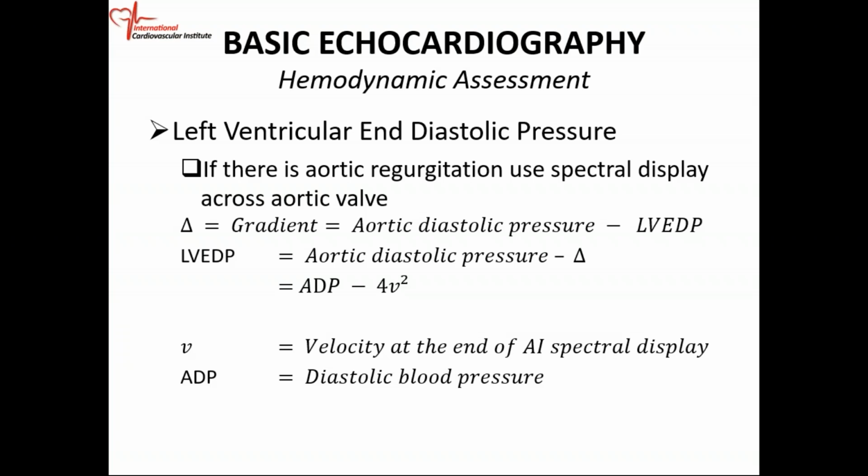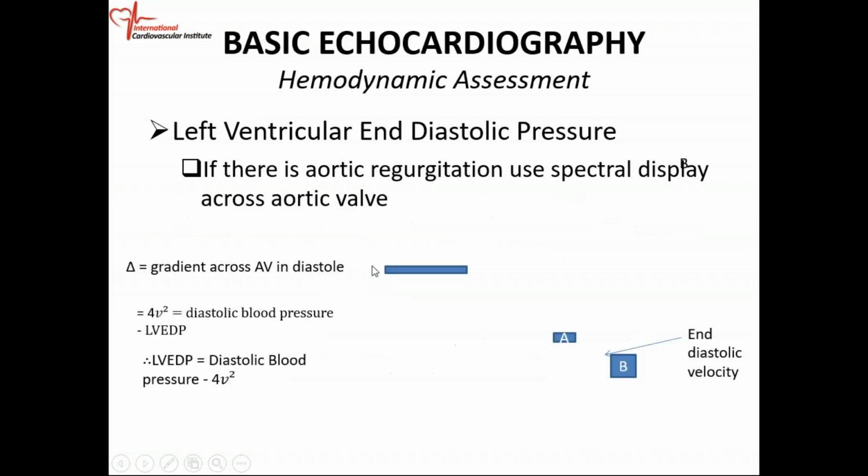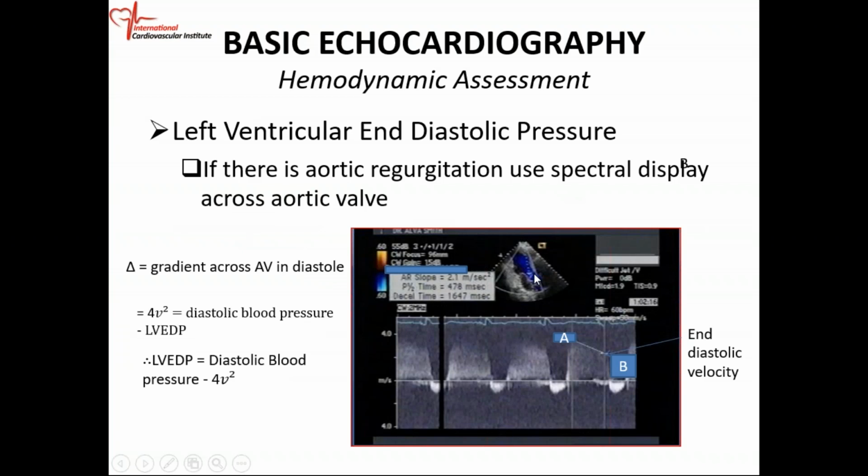Okay? So that gradient that we're talking about, which occurs in diastole, is your aortic diastolic pressure, because blood is flowing from the aorta into the LV. So it's the aortic diastolic pressure minus the left ventricular end diastolic pressure. That's the gradient. And as we have been saying over and over, gradient is equal to 4v squared. In this case, let me show you which velocity. So again, when you do AI, you put your cursor across the aortic valve and you get this envelope above the baseline because your transducer is there.